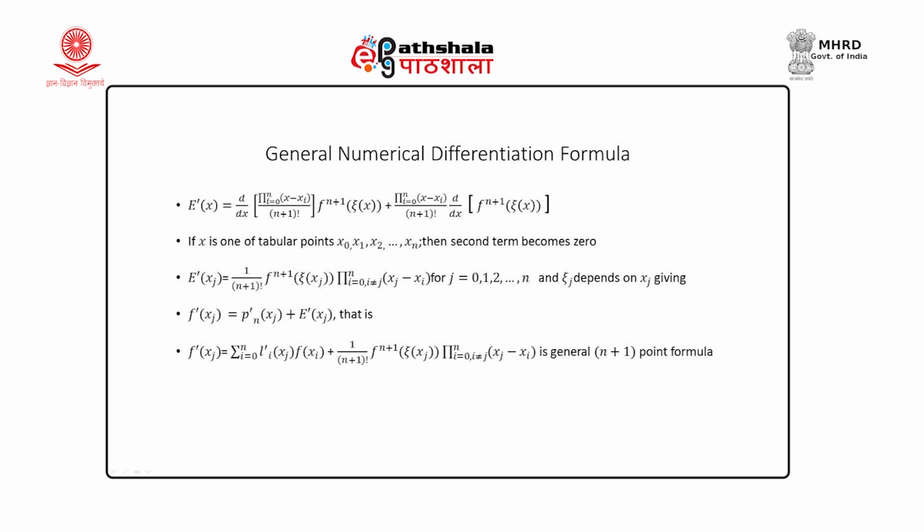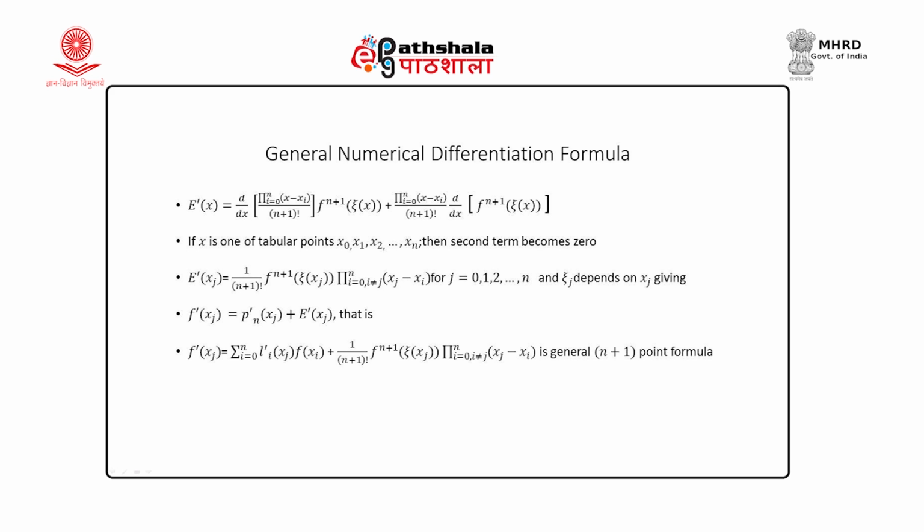E is the product of x minus x i's and f n plus 1, so let us apply the product rule. So, 1 upon n plus 1 factorial, derivative of the product x minus x i's times f n plus 1 as it is, plus the second term, this product as it is and the derivative of f n plus 1 at xi.